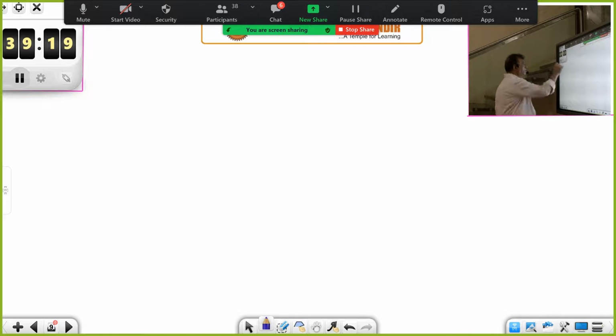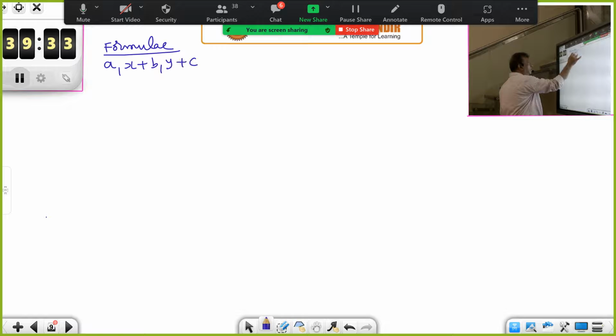Now, two formulae. a1x plus b1y plus c1 is equal to 0 and a2x plus b2y plus c2 is equal to 0.